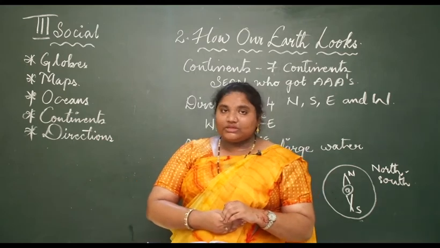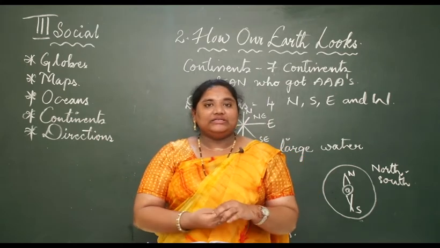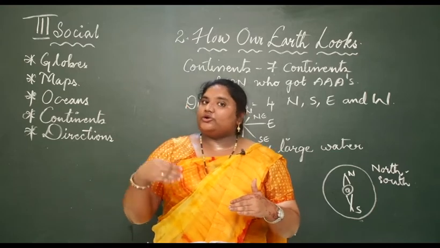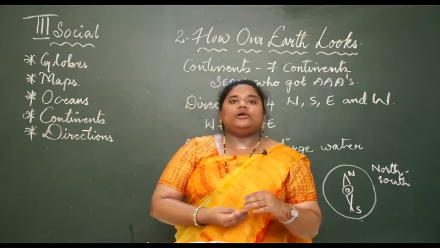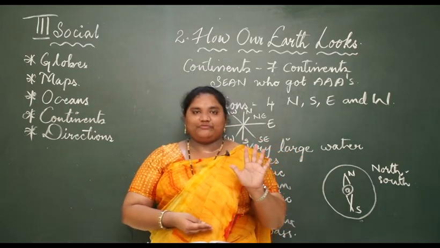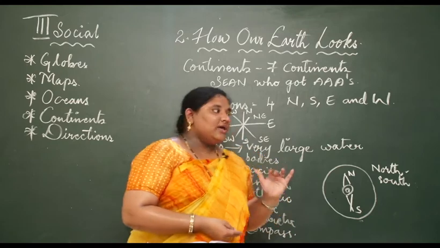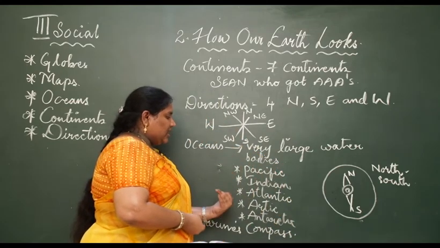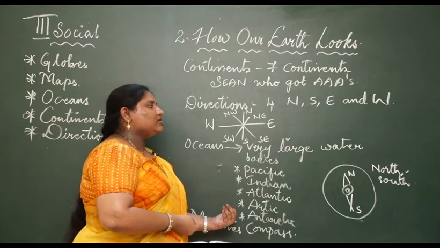Next we see different colors. Mostly we see blue, and yellow or orange or green. Blue always refers to oceans. We have 5 major oceans. They are the Pacific Ocean, Atlantic Ocean, Indian Ocean, Arctic Ocean and Antarctic Ocean.